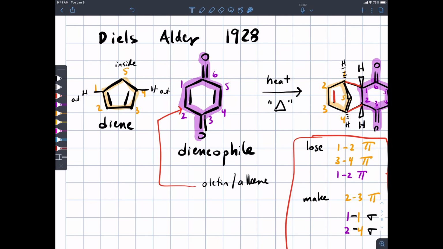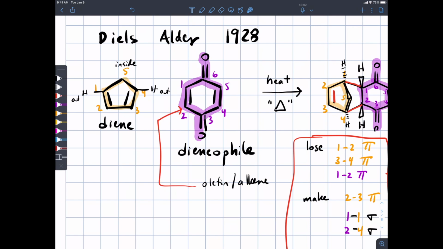Now, the above and below isn't the important part. The important part is the two outside substituents have to be cis to each other, and if you have two inside substituents, they have to be cis to each other. And I will show that to you in more detail next time.